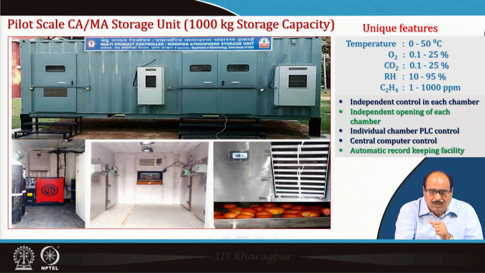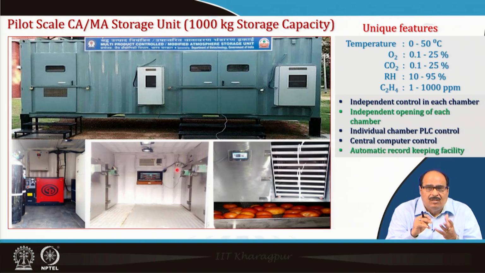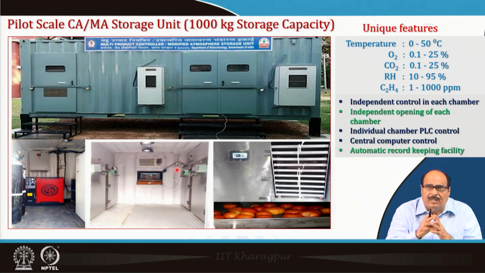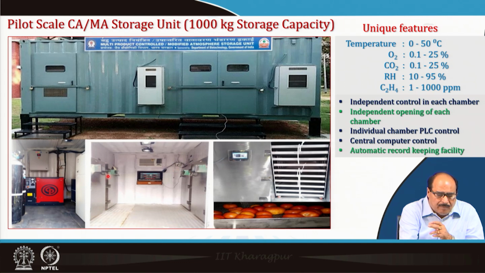It has 4 chambers, as you can see, 1, 2, 3, 4, and in each chamber 250 kg of fruits and vegetables can be stored. So, overall there is 1000 kg storage capacity, and its unique feature is that each chamber is independently controlled. Each chamber can be individually opened and closed. It can be centrally monitored also, the central control is there.